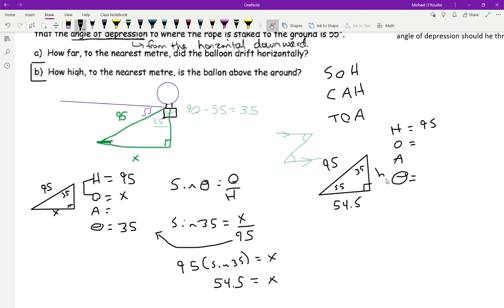The 55 or 35? 55 because we're not... Okay, good. And this would be our x, right? So we could use that. Tangent 55 equals x over 54.5. Then bring it over. Thank you, Dylan.